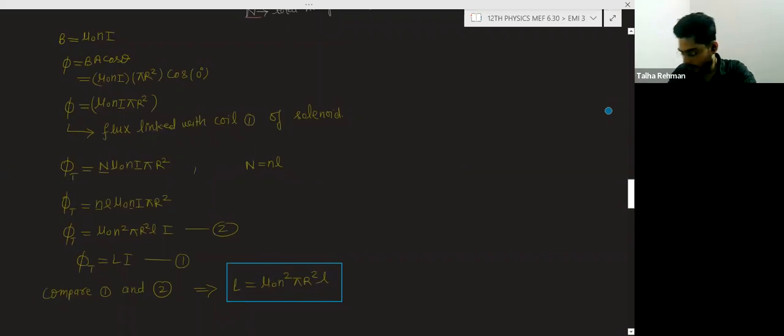So this chapter will be finished in at least 15 minutes in the next class. And here phi suffix t is representing the total flux linked with the solenoid.